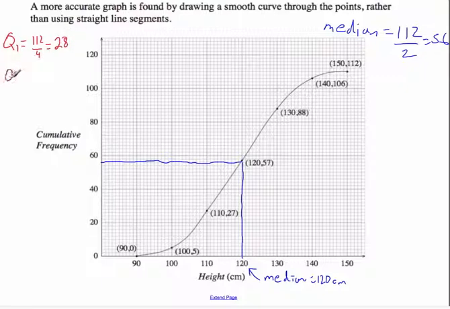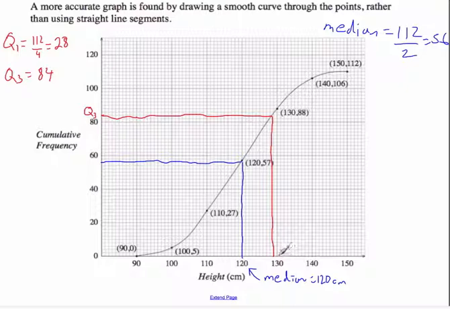All right, and your third quartile is just going to be 3 times this amount, which is 84. So your quartile 3 is going to be 84, which is right there. So that's going to be Q3. And I'm going to go across, try to keep as straight as possible. And there is my third quartile.